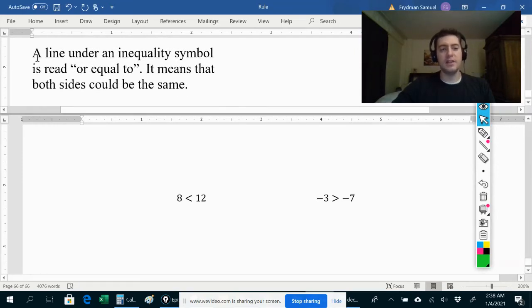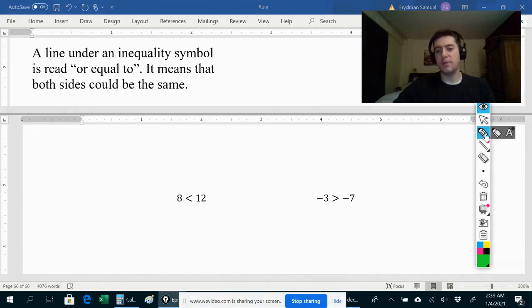A line under an inequality symbol is read as "or equal to." It means that both sides could be the same. So for example, if you see something that looks like this, with a line under it, or like this, then that would be read as "or equal to."